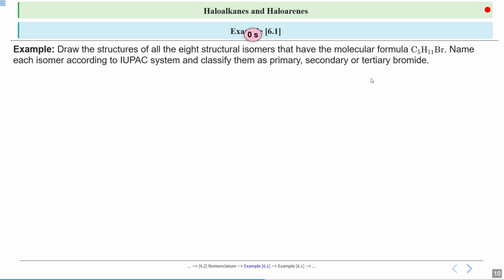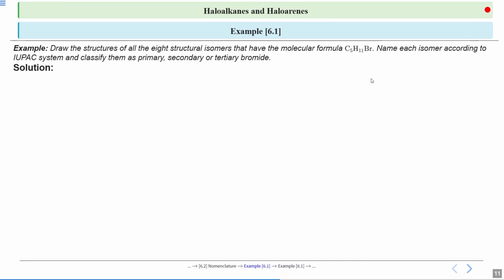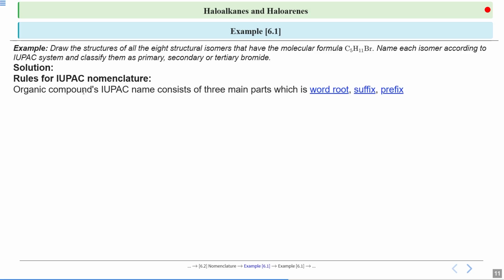Okay, let's see. For this example, we have already been given the formula, right? So let's first see the rules for IUPAC nomenclature. How can you name a particular compound or structure according to the IUPAC?